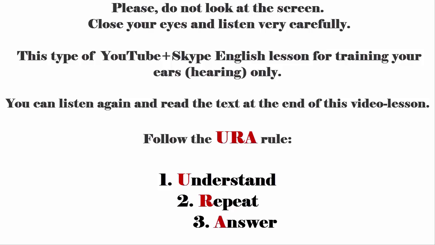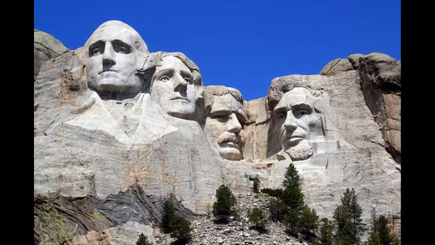South Dakota is just a state name, right? And you can see in front of you... So you understand my sentence first. If you don't understand, ask me questions. After you understand, you repeat.